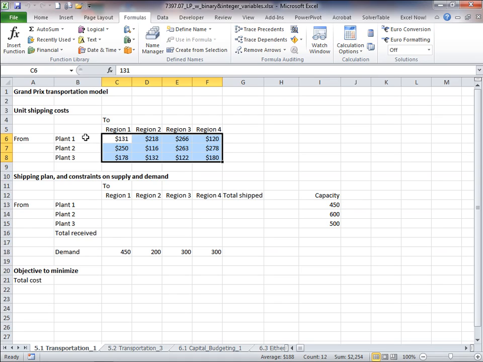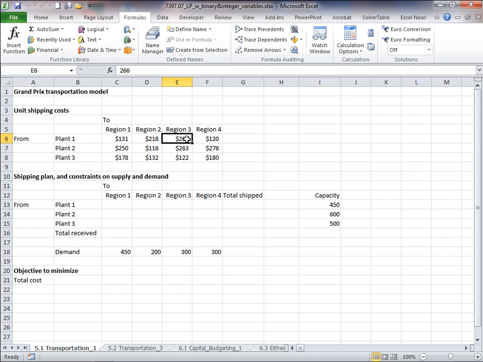So theoretically, at least, the distance from plant 1 to region 1 is shorter than it is from plant 1 to region 3, because the cost to ship to region 1 is about half the cost of shipping to region 3. Does that make sense to you? Okay.